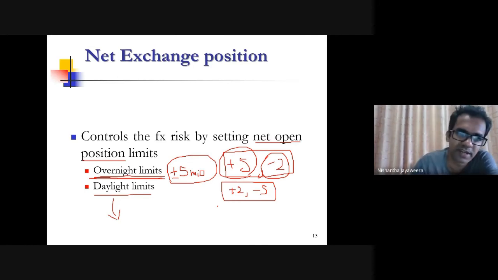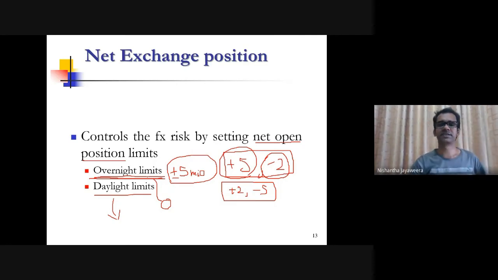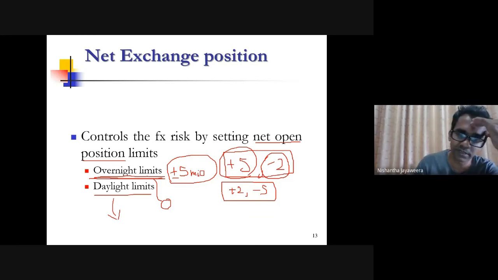If the overnight limit is 0, the open position limit is 0, then he should cover his position. If some amount is allowed, plus 10,000 or negative 10,000 or 1 million, then he can carry the position for the next day.